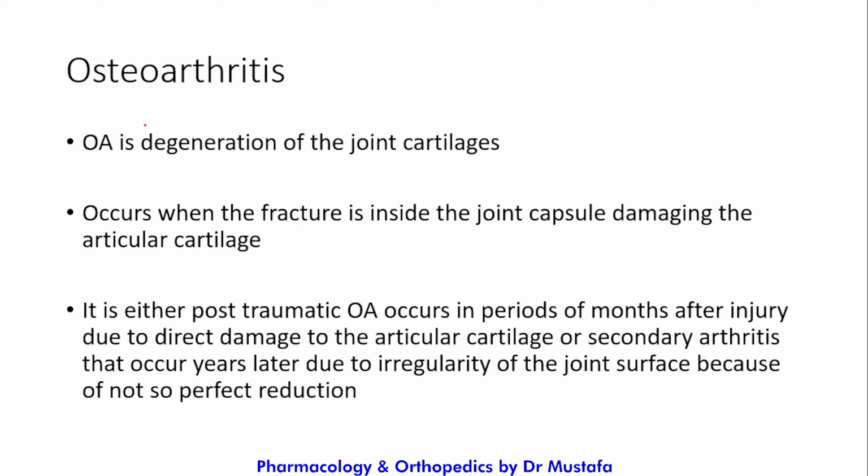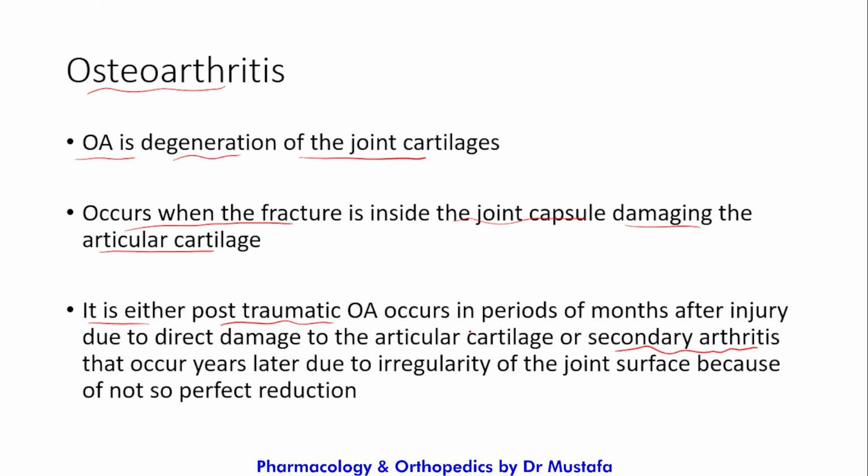The other complication we have is the osteoarthritis. The osteoarthritis is the degeneration of the joint cartilage, and it occurs when the fracture is inside the joint capsule, damaging the articular cartilage. And it is either post-traumatic osteoarthritis or secondary osteoarthritis.